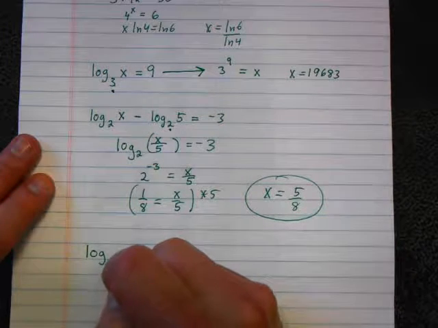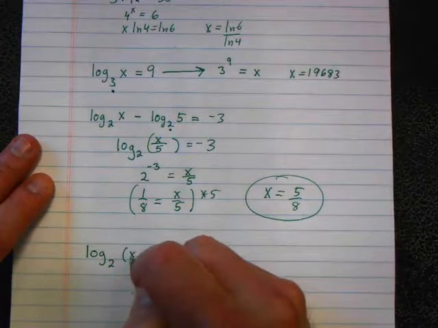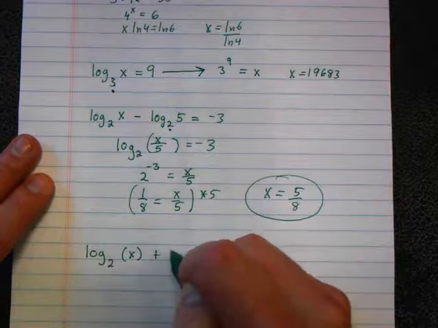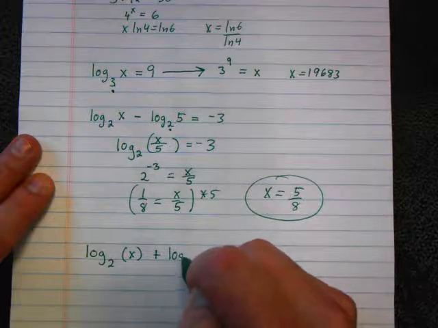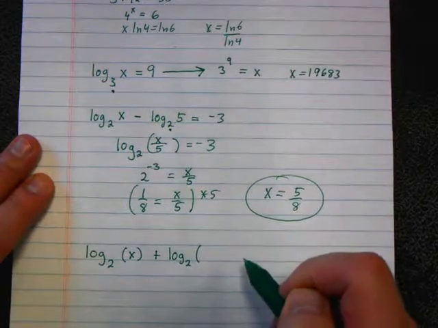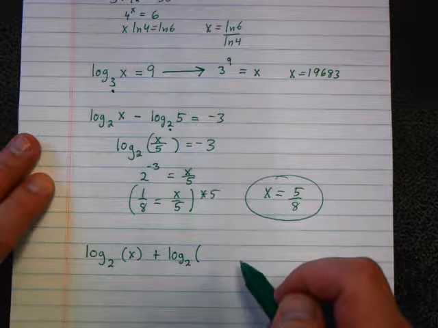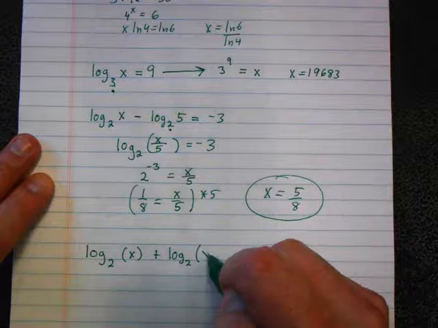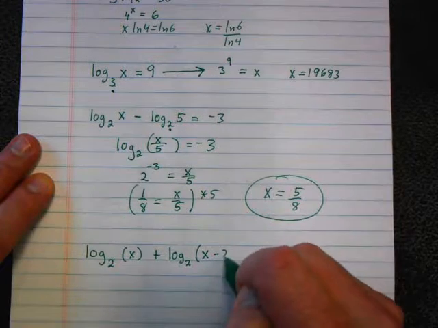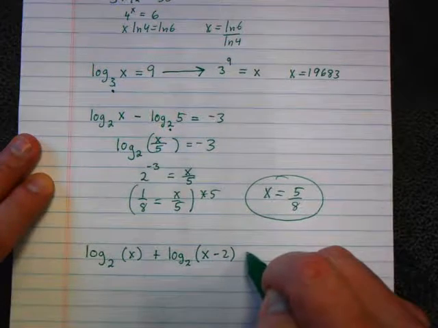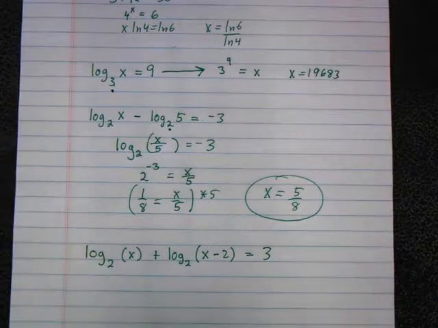log base 2 of x plus log base 2 of, I gotta try to be clever to make this come out, I probably won't be right, x minus 2 equals 3.